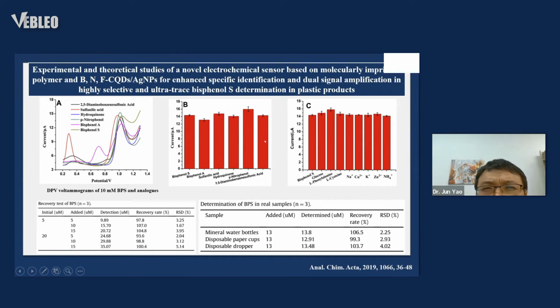They had no considerable effect on the performance of the proposed sensor for the detection of BPS. Table 1 is the current case of BPS. Table 2 is the detection of BPS in real samples, such as mineral water bottle, disposable paper cups, and droppers.